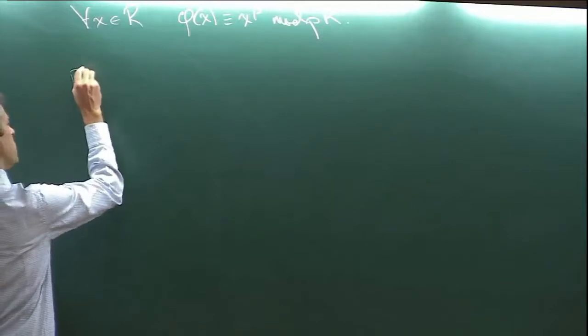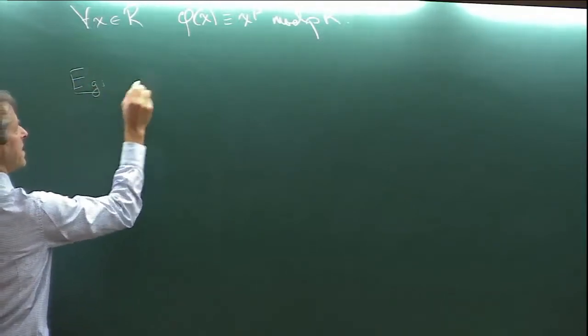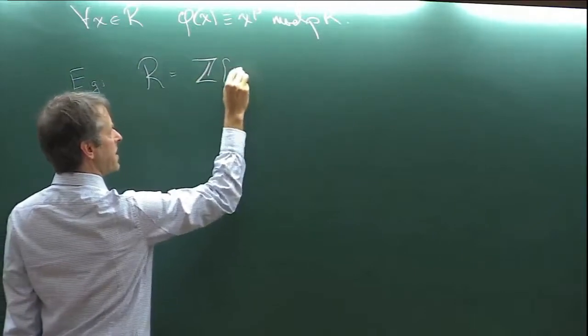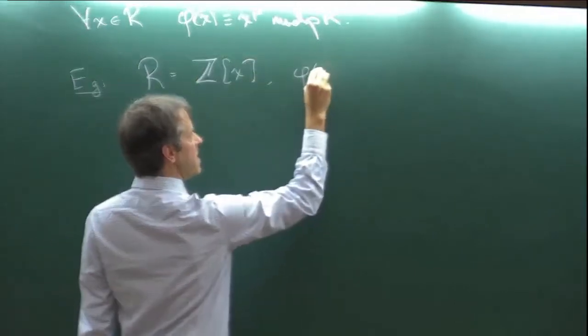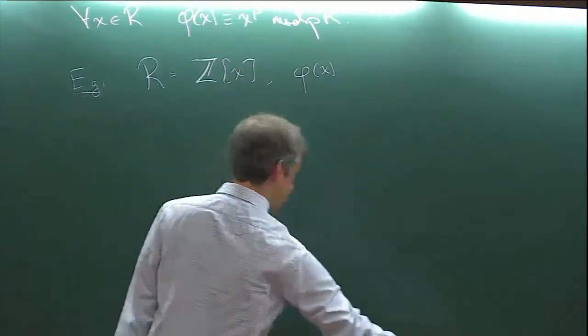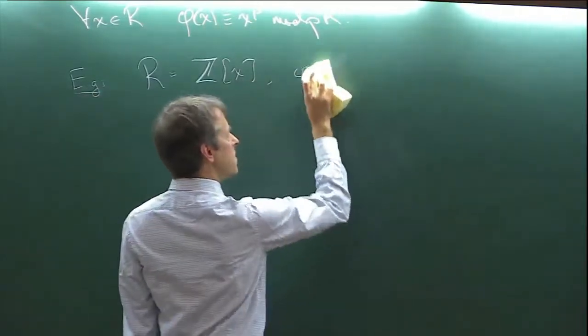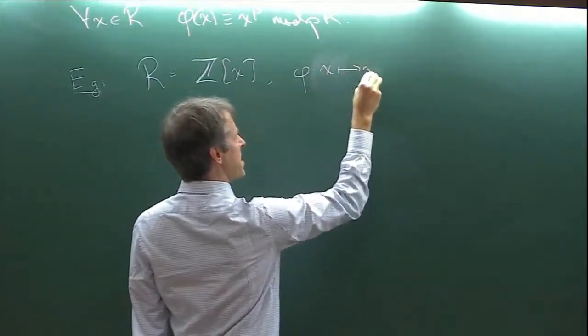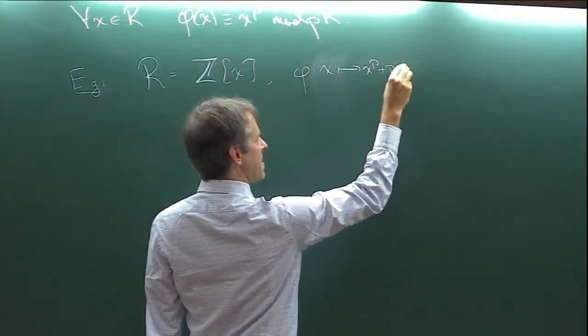So just a few examples to get things straight. R could be, for instance, a polynomial ring in one variable, and phi could be the map which on the generator x sends x to x to the p plus p times anything.